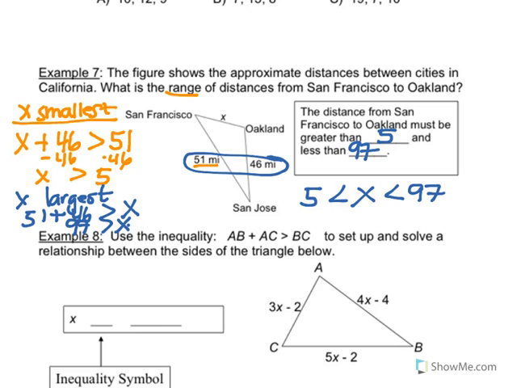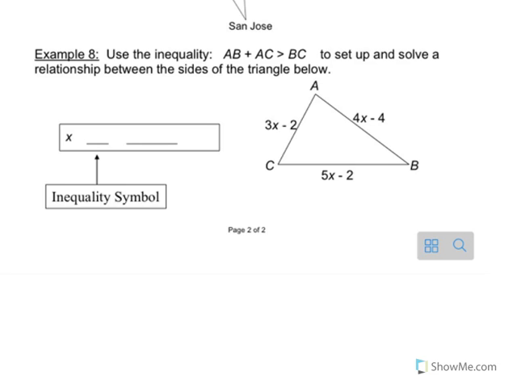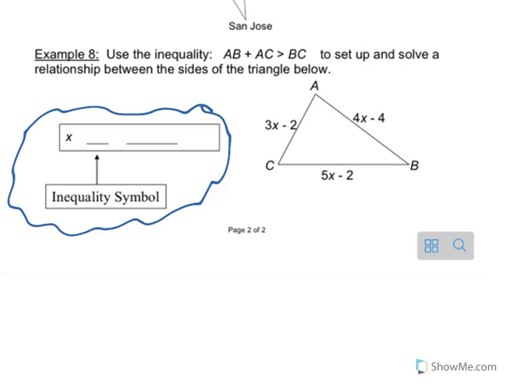Okay, good. Let's look at example 8. Okay, so on this example it says use the inequality AB plus AC is greater than BC to set up and solve a relationship between the sides of the triangle below. So basically this right here is going to be our final answer. So we're going to use this to set up our inequality that it wants us to do.